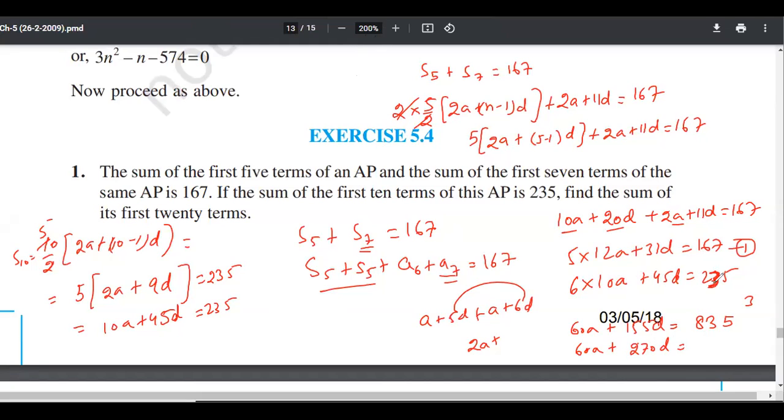So when you multiply 235 by 6, you get 6 5s are 30 and 6 3s are 18 and 3 is 21, 2 carry, and 6 2s are 12 and 2 is 14, so 1410.